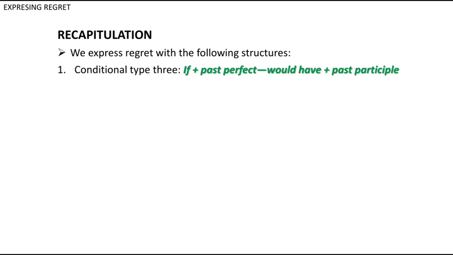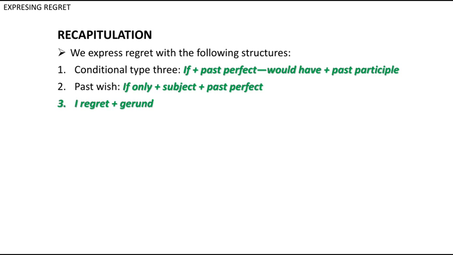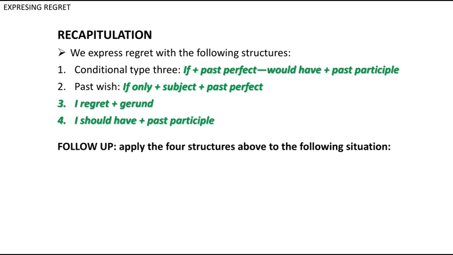The first structure is conditional type 3. Okay, the second one, past wish, if only plus subject plus past perfect. Okay, number 3 is I regret plus gerund, and the last one, I should have plus past participle. Now apply the 4 structures above to the following situation.